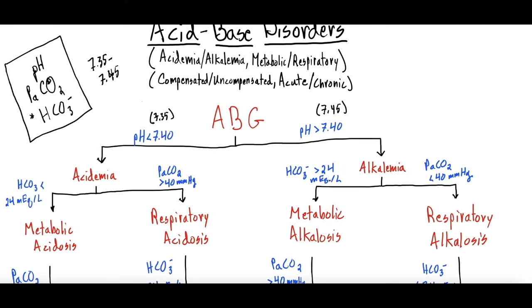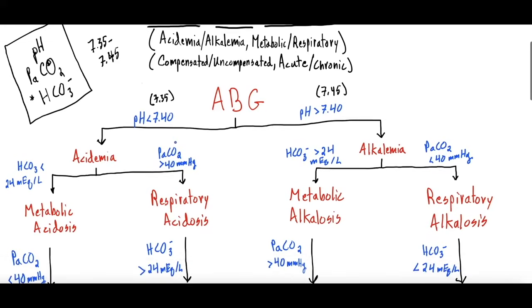How do you determine, though, if it's a metabolic versus a respiratory acidemia or alkalemia as the primary disorder? Well, there's a few ways you can look for that. If we start with acidemia, we get our arterial blood gas and that pH is less than 7.4 or less than 7.35, so we know there's an acidemia.